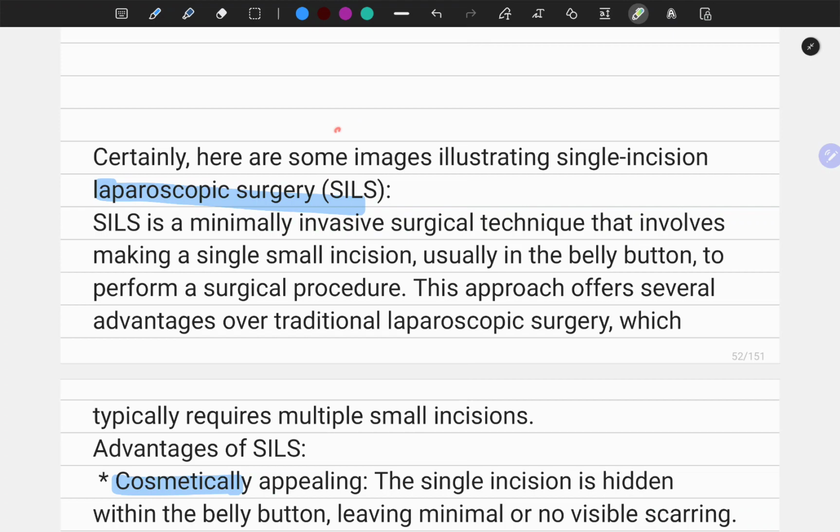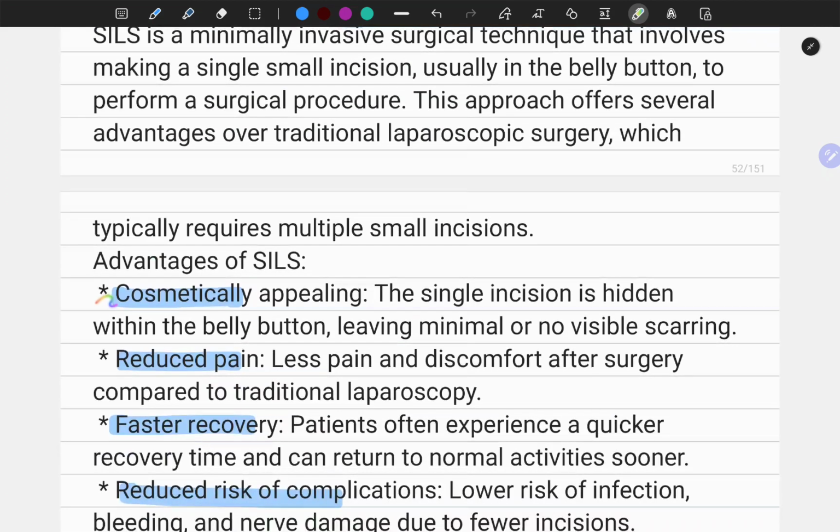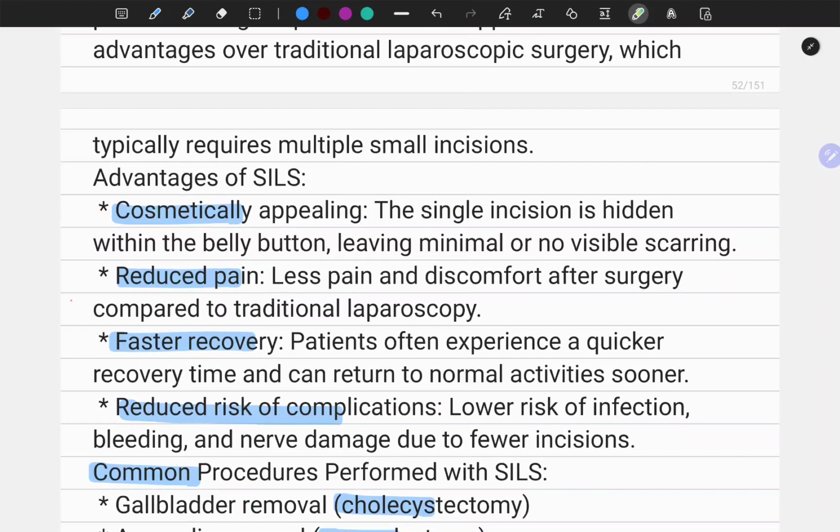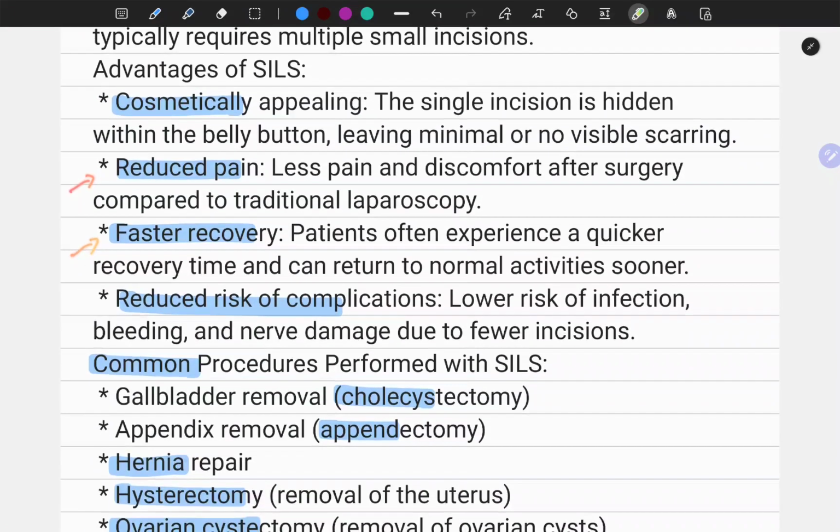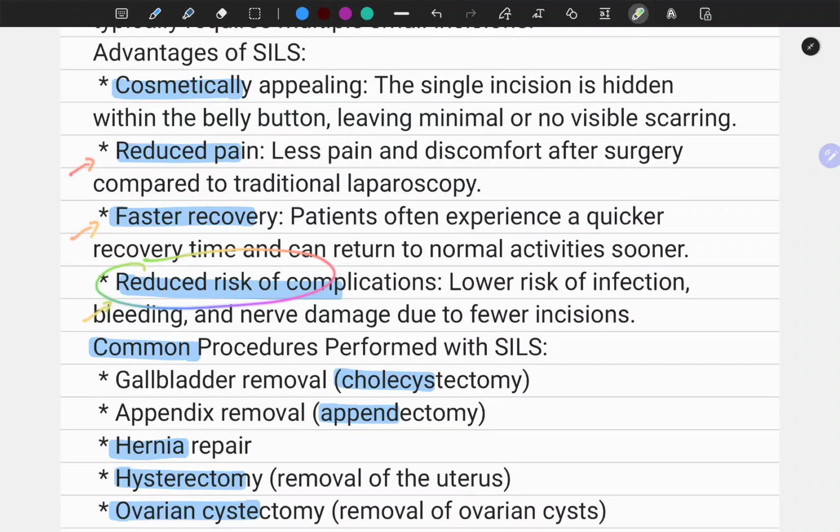Sometimes they may ask you about single incision laparoscopic surgery, called SILS. It is a minimally invasive surgical technique. It is cosmetically better, reduces pain, gives faster recovery, and reduces the risk of complications.